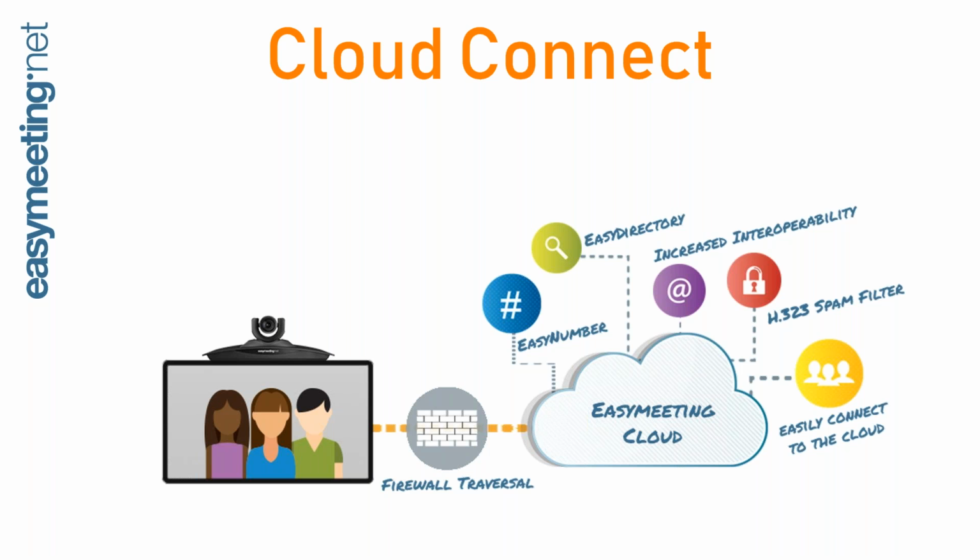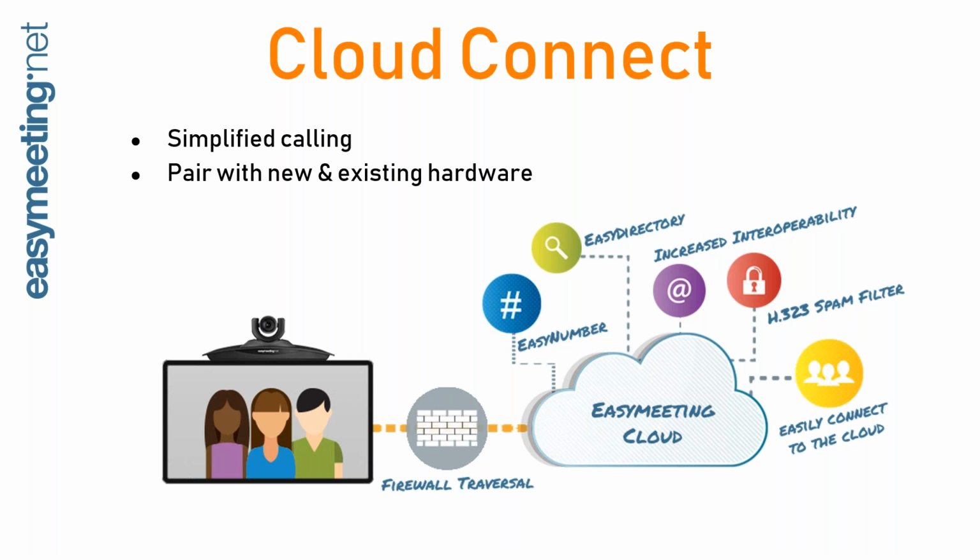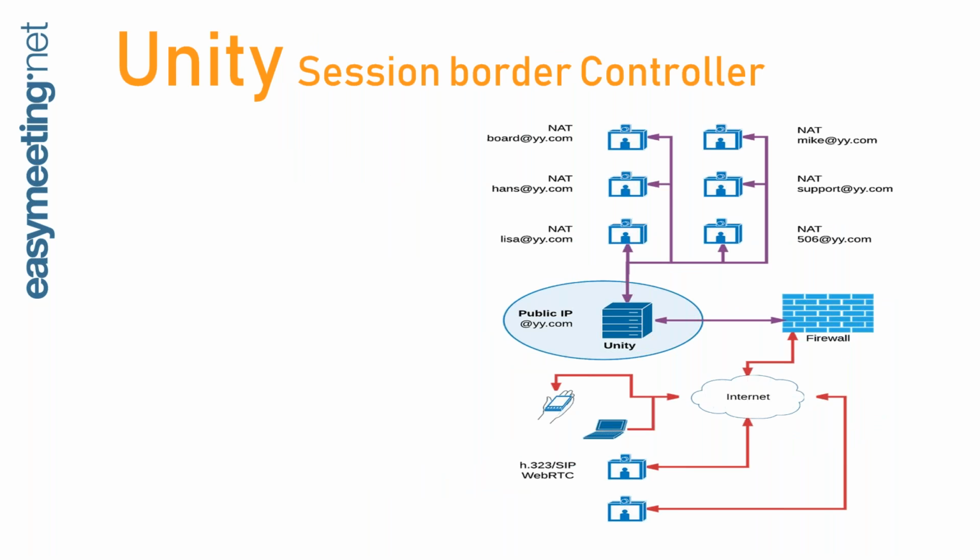That codec is now searchable and can be found within the Easymeeting directory. So we do that for existing hardware or new hardware you want to install. With the Cloud Connect service, you also have spam filtering, as well as H.460 firewall traversal. So it gives you some security there as well.